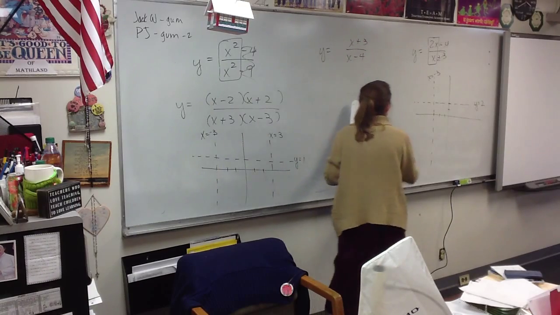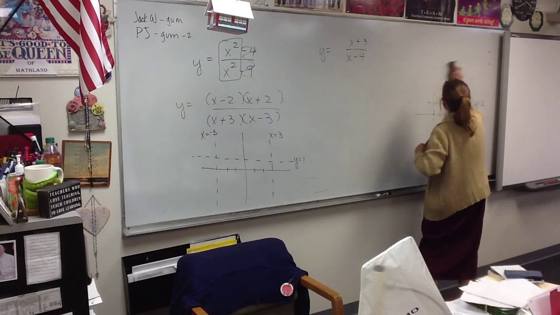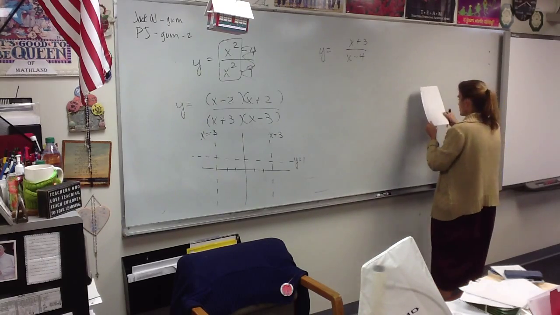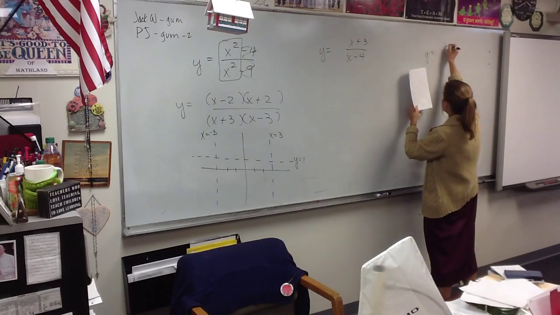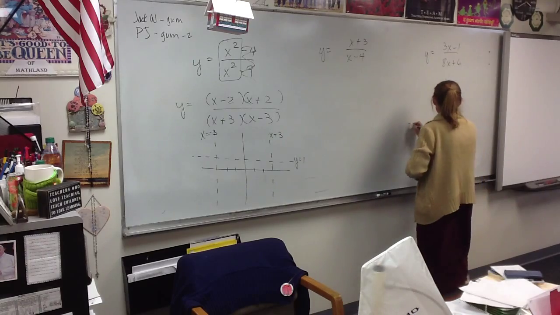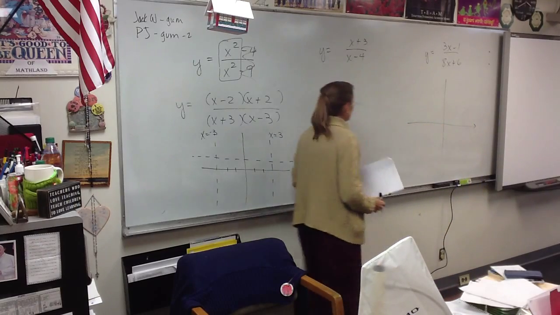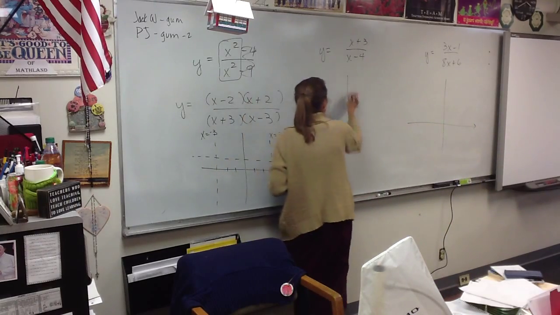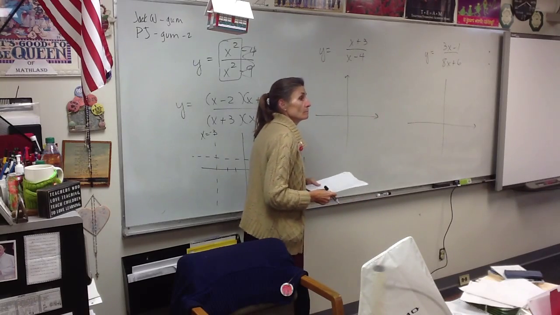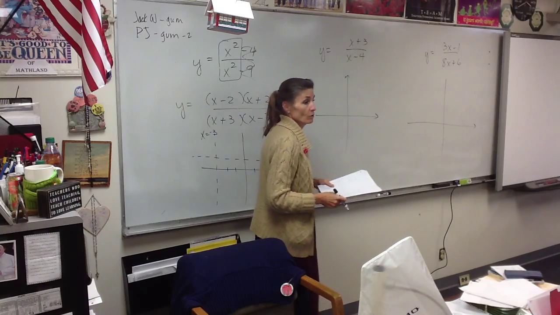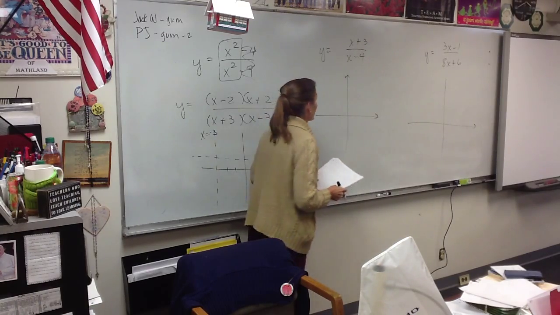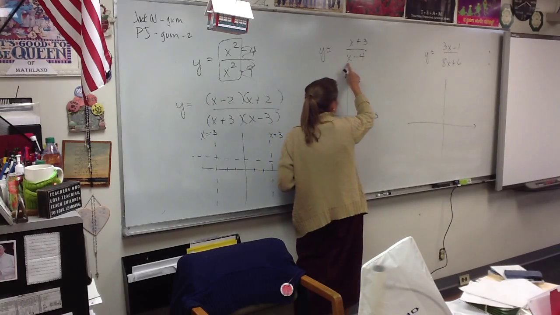All right, how about that one? Can you tell me the vertical and horizontal asymptotes for problem C? Where's my vertical?